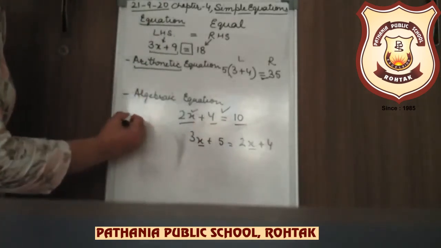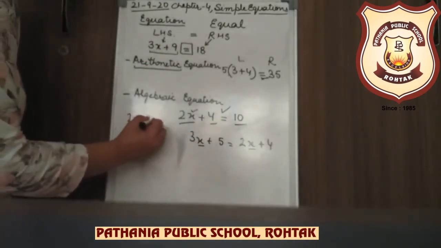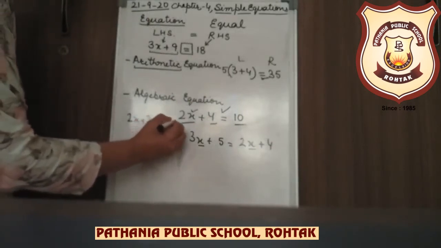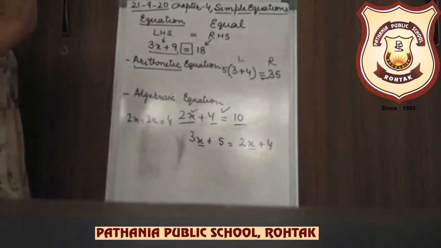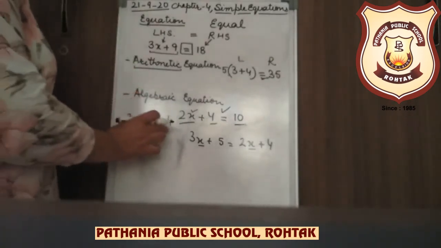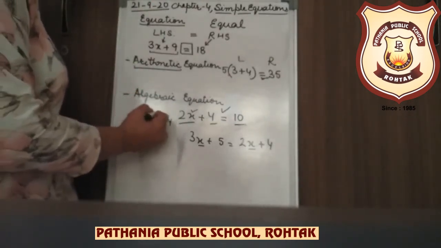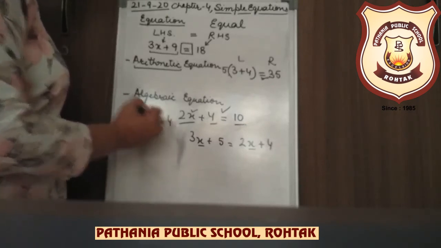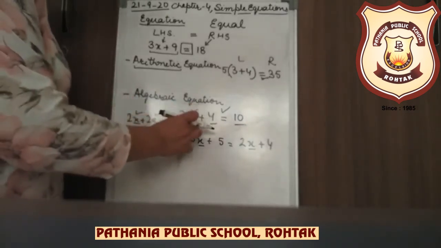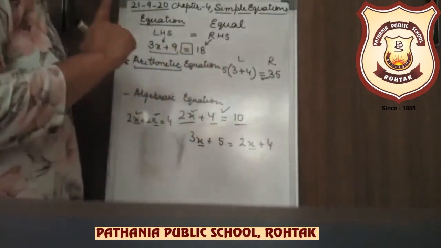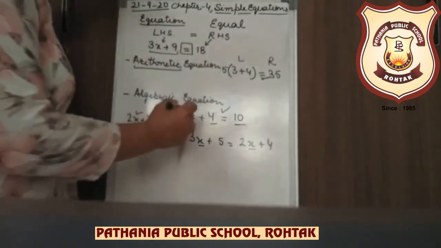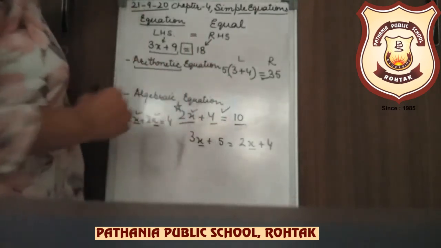But there are equations also where two types of variables are involved. Such equations are called equations with two variables. Here these two are different types of variables. Here only one, so we will call this a simple equation with one variable, and this is only going to be in your syllabus.